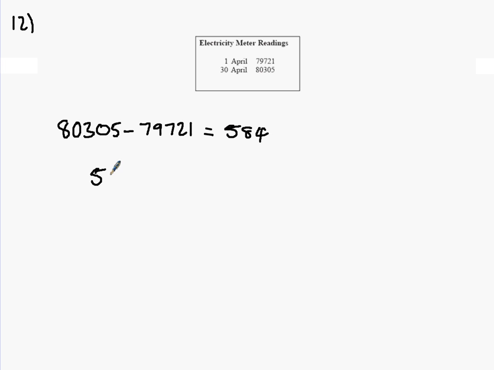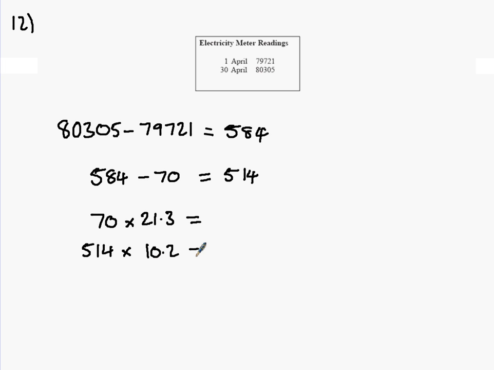So if I take off the first 70 units, because they're the ones that are going to be charged at 21.3p, that only leaves us with 514 units. So we have 70 units charged at 21.3p each. And then we've got 514 units, and they are then times 10.2p.